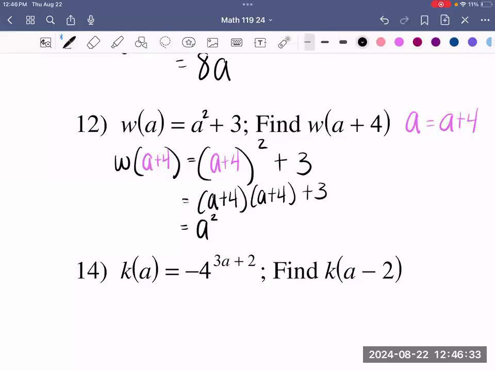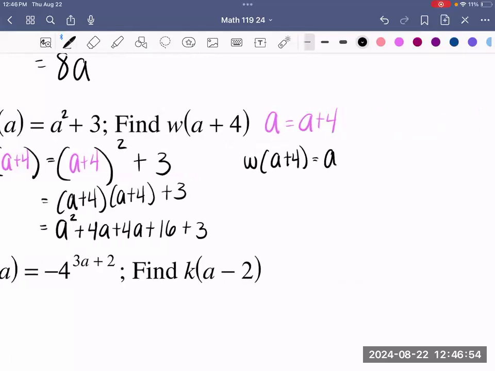Now, if you want to work on your FOILing, please pause the video and try out your FOILing. We have A squared plus 4A plus 4A plus 16 plus 3. So to combine your like terms, W of A plus 4 is equal to A squared plus 8A plus 19.